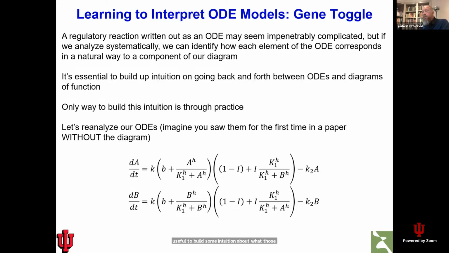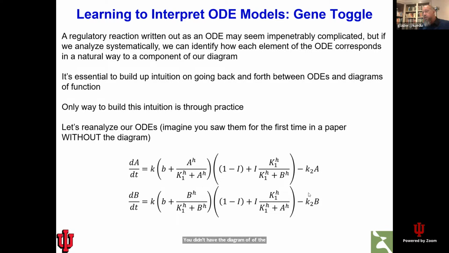So when you see some long string of differential equations for chemical species in a cell, it's not something that in general can't be understood. Occasionally they'll have some strange functional form, which takes a lot of work. But for example, here, suppose that I hadn't walked you through, I didn't have the diagram. You didn't have the diagram of the circuit.